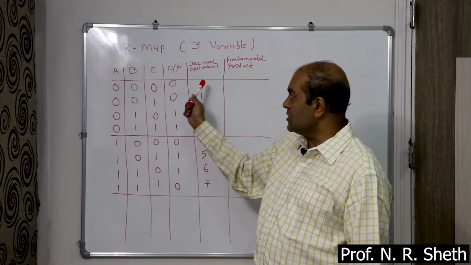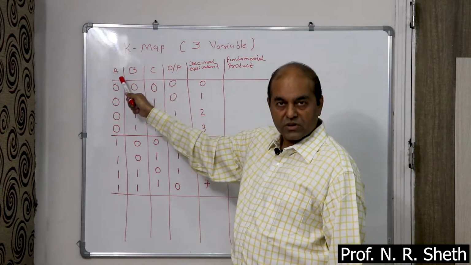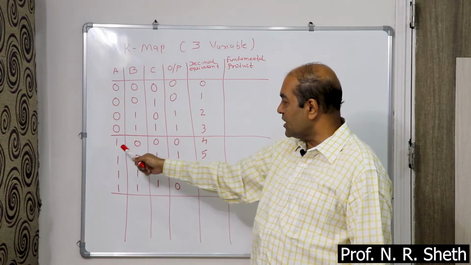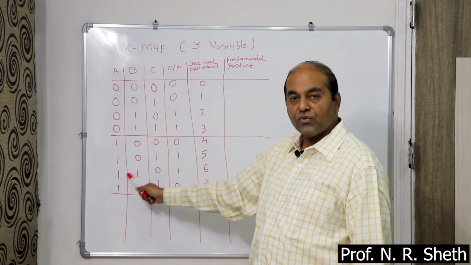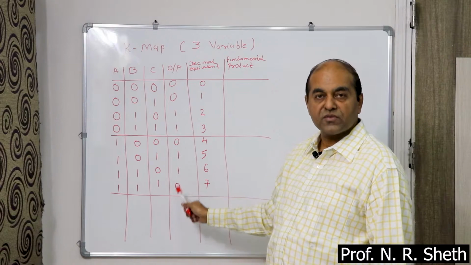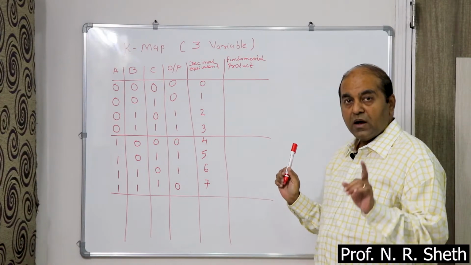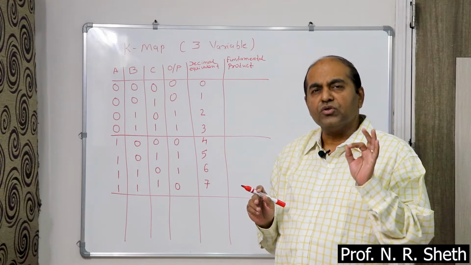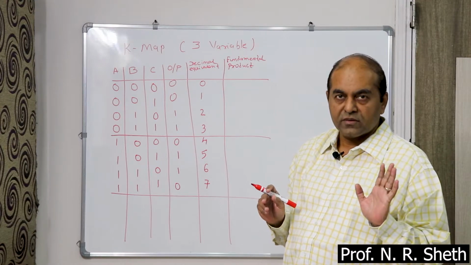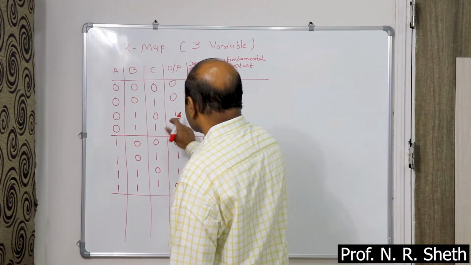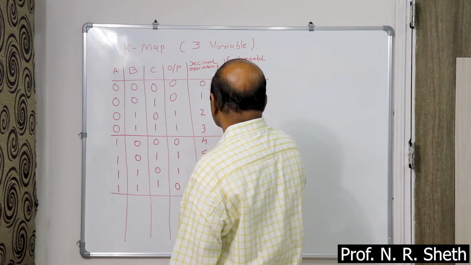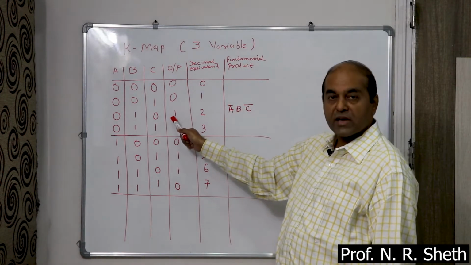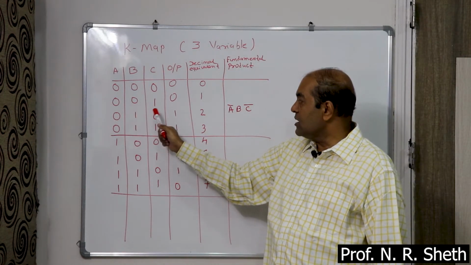Because 2 raised to 0, 2 raised to 1, 2 raised to 2: 1, 2, 2 plus 1 is 3, 4, 4 plus 1 is 5, 4 plus 2 is 6, and 4 plus 2 plus 1 is 7. Now you have to find the fundamental product for only those cases whose output is high. Output is high for this one, so fundamental product A bar, B bar, C. Output is high here, so A bar, B, C bar.